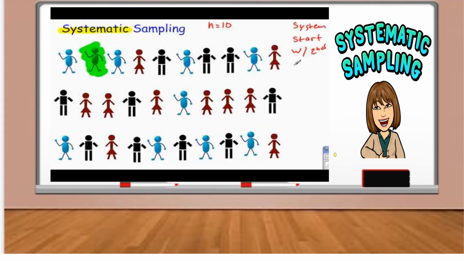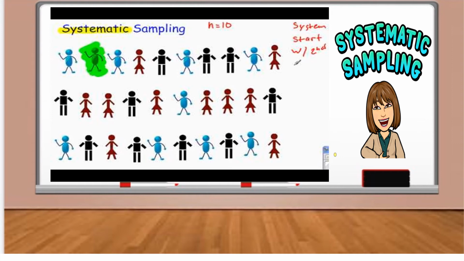Systematic probability sampling. It is a statistical method involving the selection of elements from an ordered sampling frame. In our example, the total number of respondents is 30, but the target respondents is only 10. You can assign numbers to this total number of respondents. Now, the system will start with the second counting of the respondents.